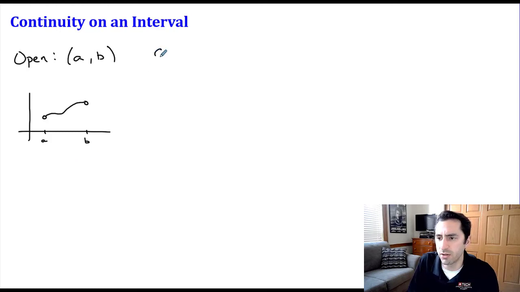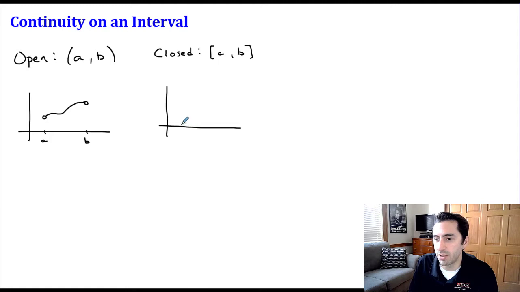We also have the closed interval. And again, let's say we're looking at the closed interval from A to B. The difference here is that we are going to include A and B in our interval. So we'll use brackets on A and B to indicate that we do want to include those in our interval.